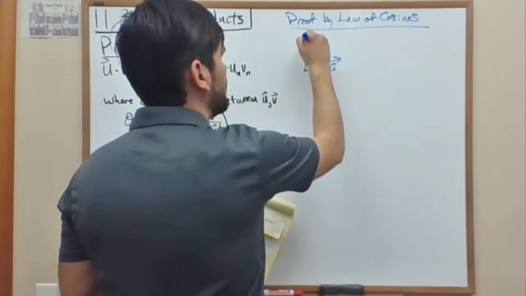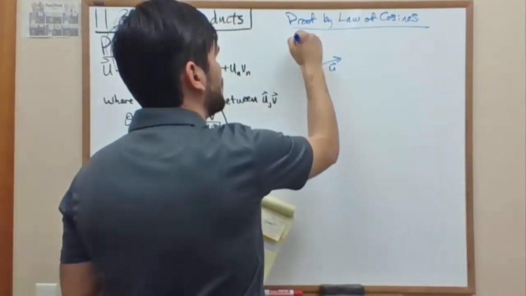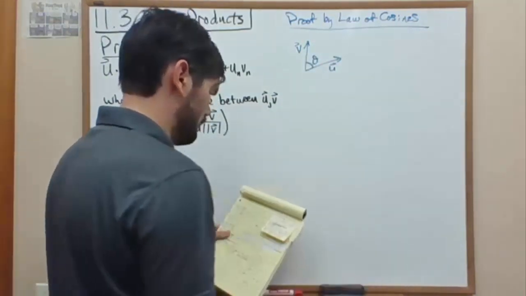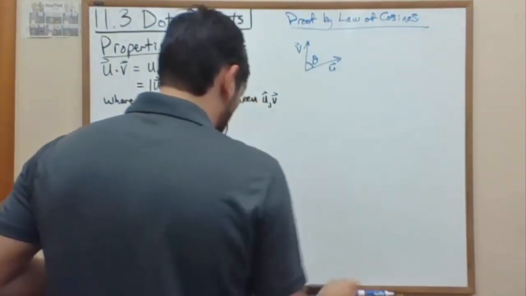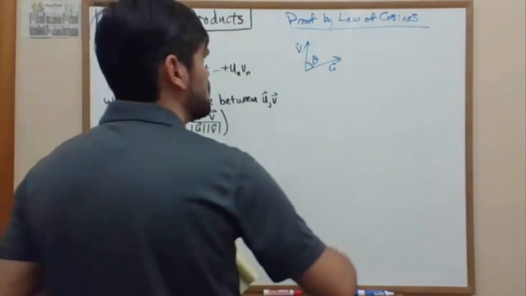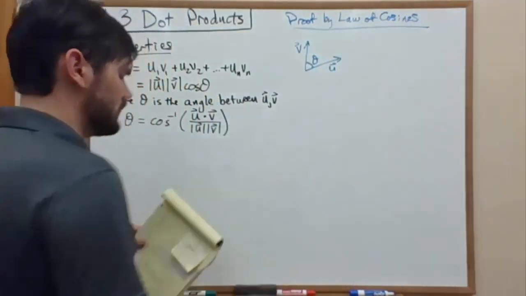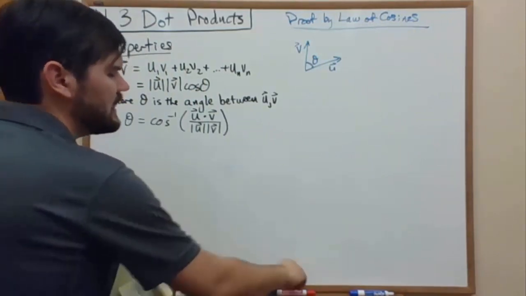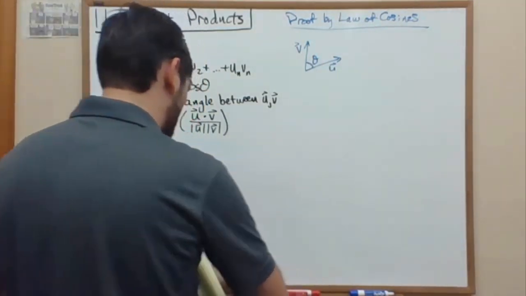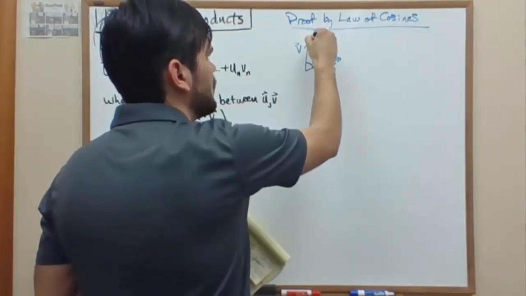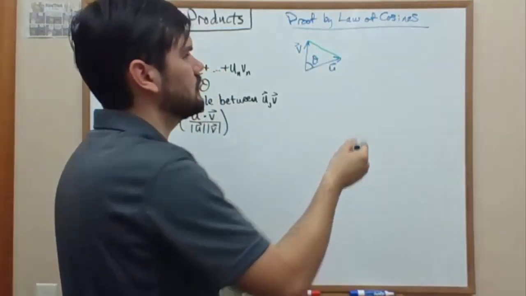Start with an acute angle just for fun. So I have two vectors, u and v, and we're going to add a vector that creates a triangle.